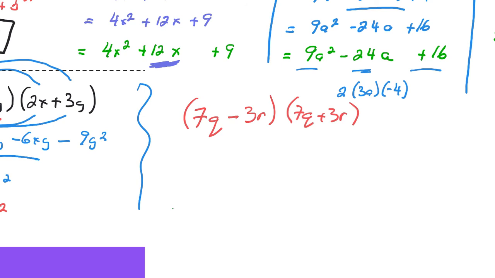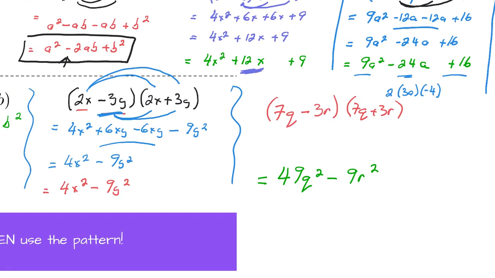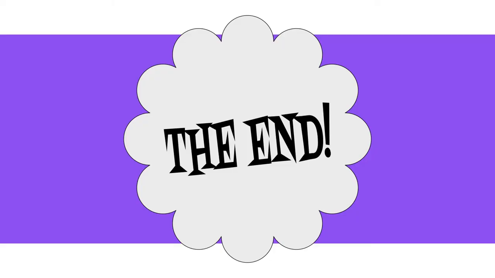And I'm just going to show the answer. 7q squared is 49q squared minus 9r squared. So there's no need to do the full expansion here. Once you recognize it as a difference of squares, you can simply square the first term, square the second term, being sure that you're subtracting one from the other. Thanks for listening.